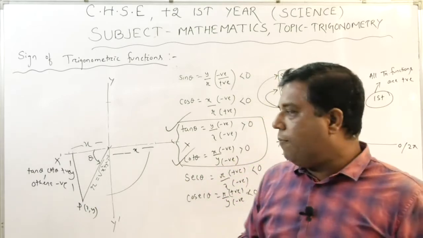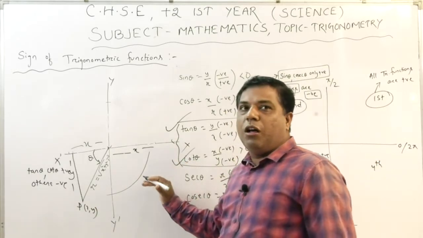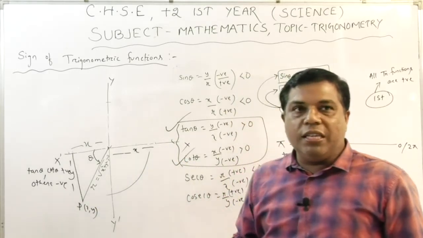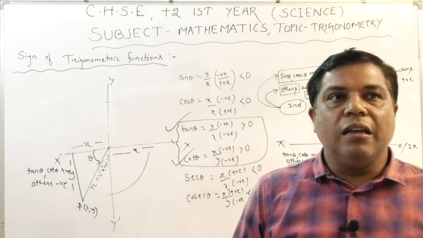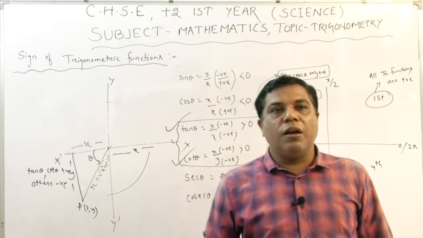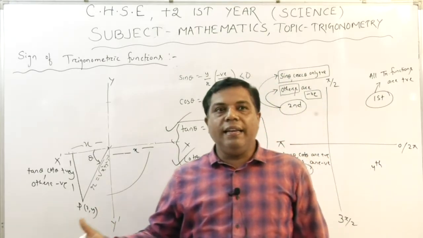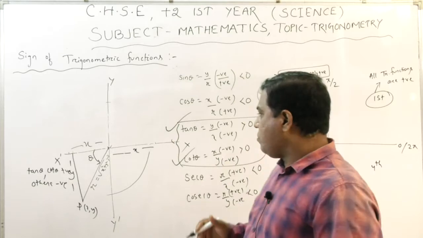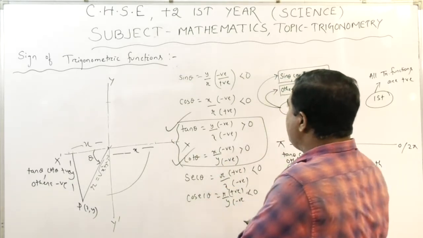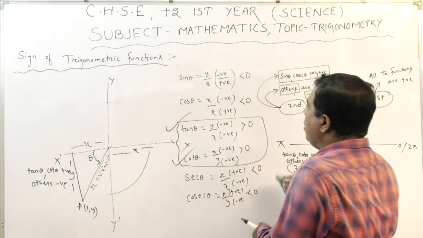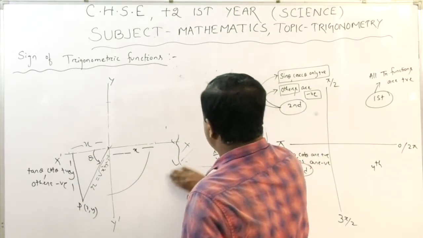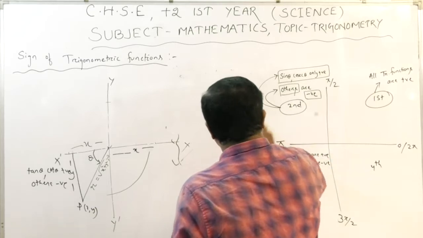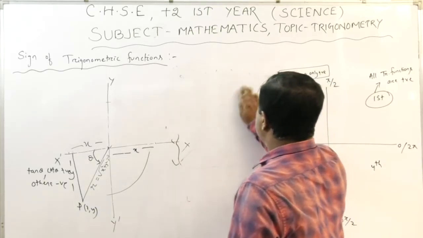So let us move to the fourth quadrant and see what happens to the signs of the trigonometric ratios of angles lying in the fourth quadrant. Okay, dear students, now we are going for that.